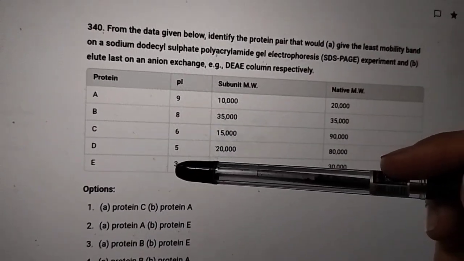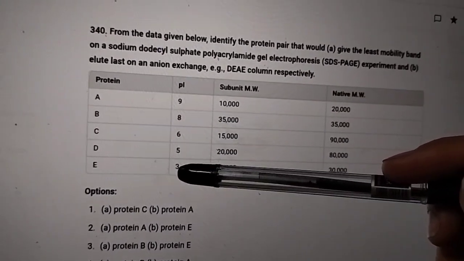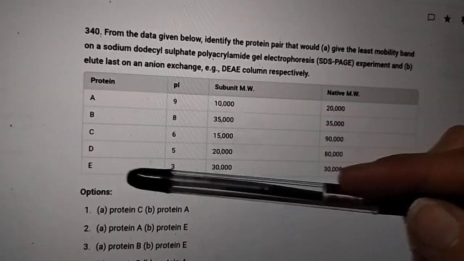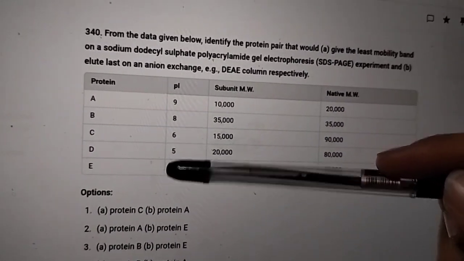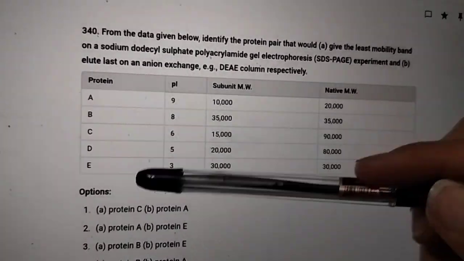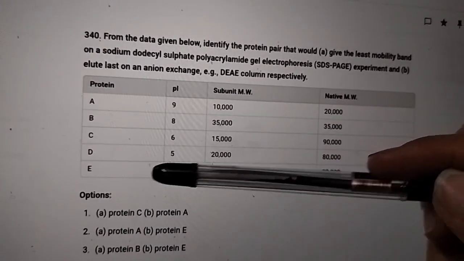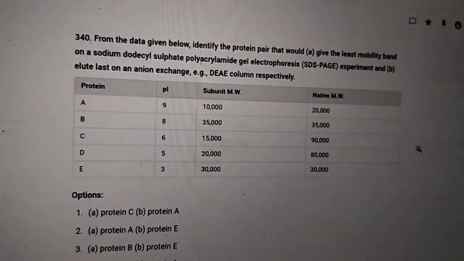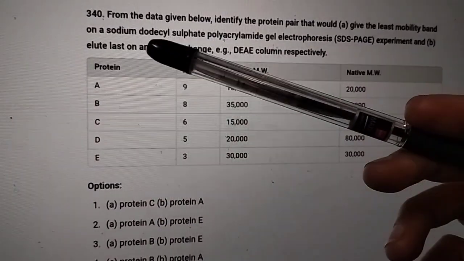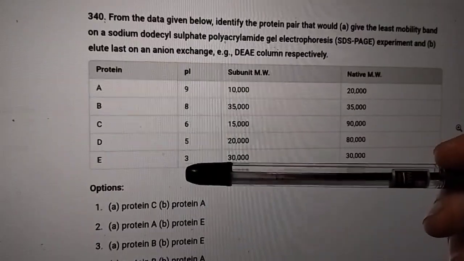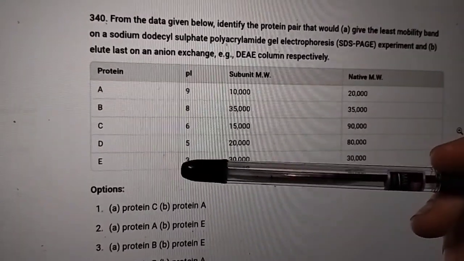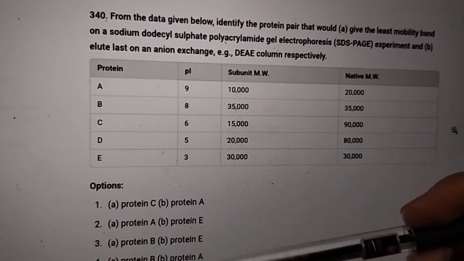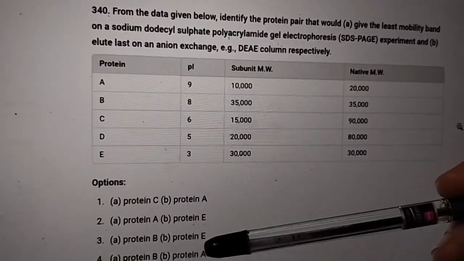So obviously the pI of E is less than that of A. So this E will be negative. So it will be eluted at the last, since we know that anion exchange binds the negative one, and here the most negative protein is protein E. So protein E will be eluted at the last. So here option 3 will be your correct answer.